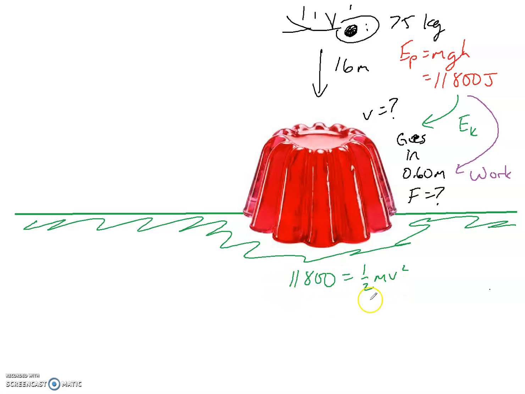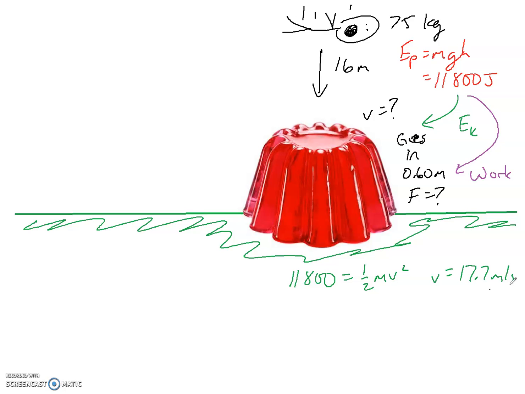Now, 11,800 is equal to 1/2 mv squared, so I can solve for v. I'll take the 11,800 joules, times that by 2, and then divide by the mass of 75, and then don't forget to square root your answer. And we'll find out he's going around 17.7 meters per second when he hits the jello.